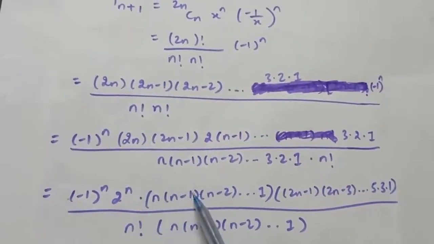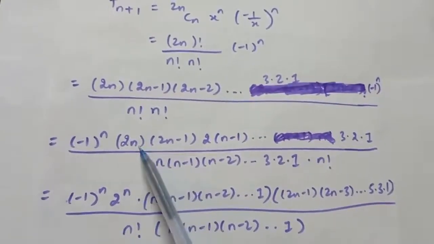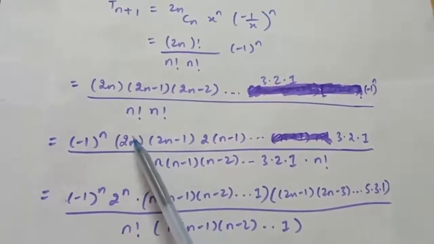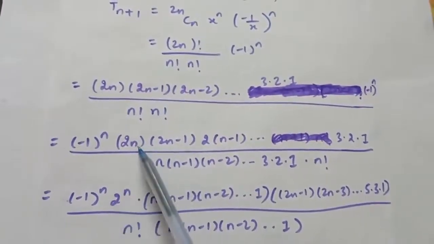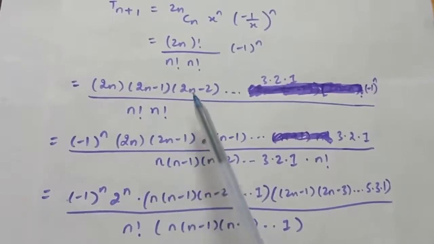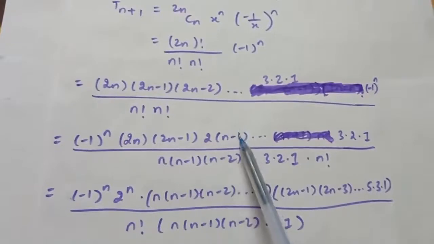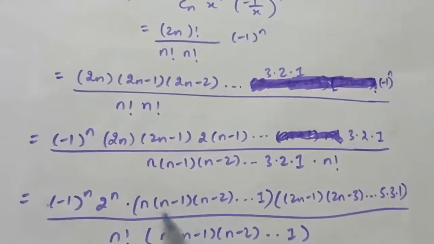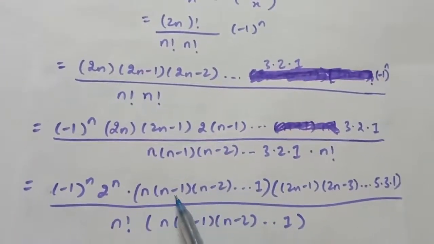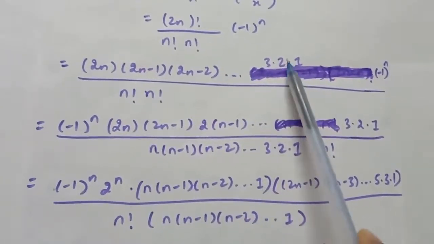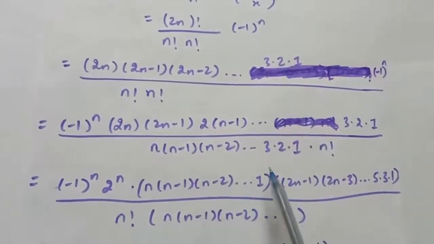Clear? Now, those even terms will become like this: 2n, if you take out 2 common, this will become n. Then 2n minus 2, if you take out 2 common, this will become n minus 2. Similarly, n minus 1, n minus 2 and so on up to, when you take out 2 common from this 2, you will get 1.